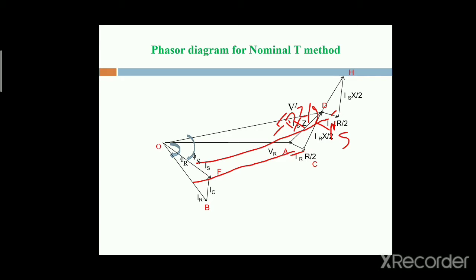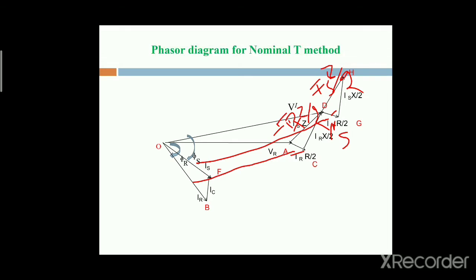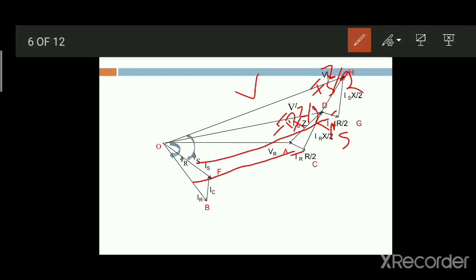By adding this, we obtain the ISZ by 2. Then by adding this drop, we obtain the Vs, that is the sending end voltage.